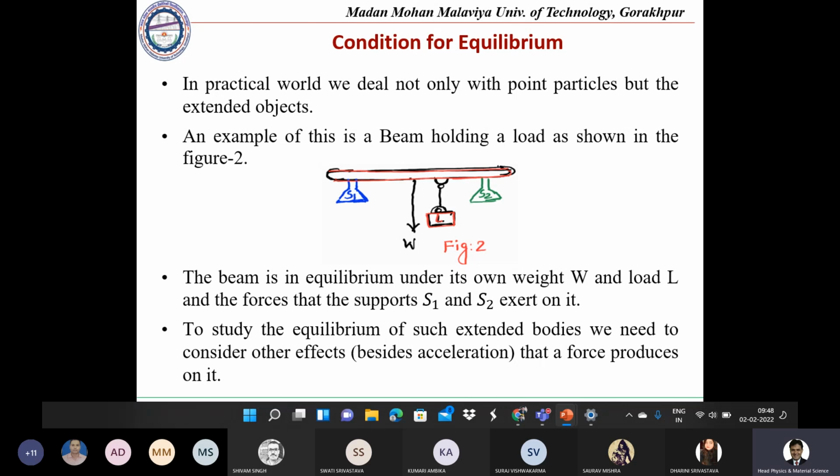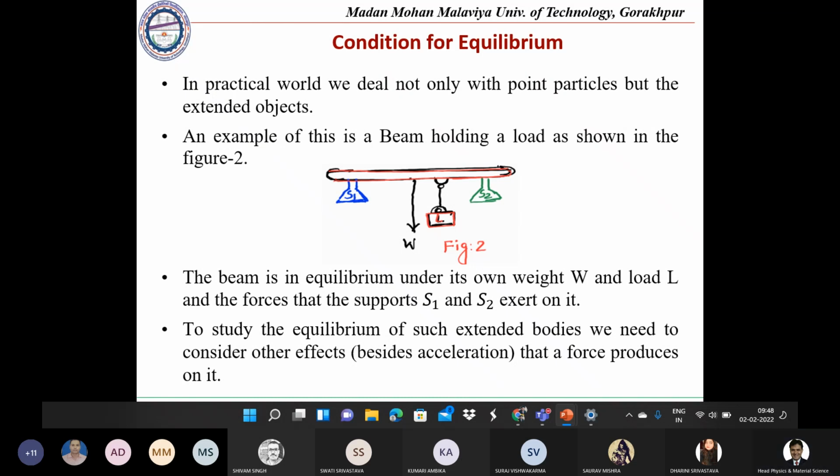If we are applying the load, then the load will also be some kind of force, and S1 and S2 exert some forces. Except that, is something else to be considered for the stability of this particular rod, or is only the balancing of the forces sufficient to describe the condition of stability and equilibrium of this rod?